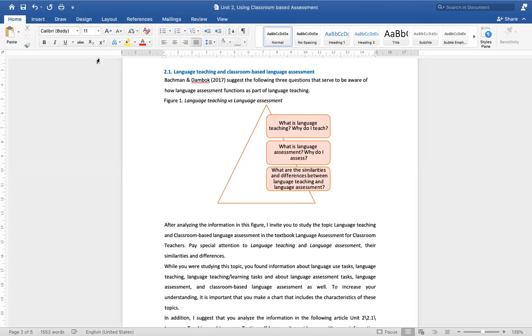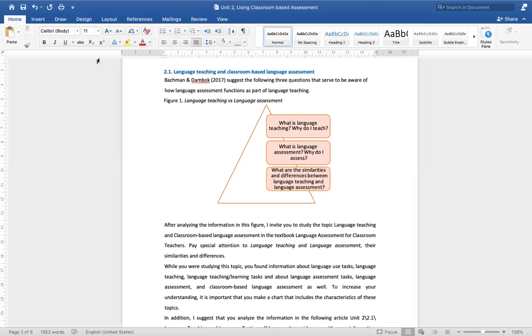For example, language teaching informs classroom-based language assessment, for example, in defining the areas of language ability that you want to assess. And second, the kinds of assessment tasks that you use will generally be based on the teaching and learning tasks that you use in the classroom.